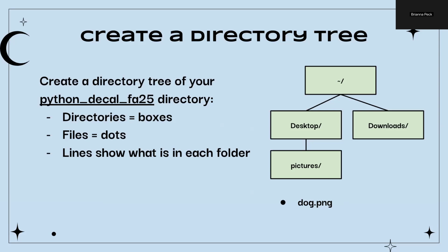Actually, what you can do is go into your terminal, cd into your Python DeCal folder, and then cd into your name folder, and then cd into your homework 1 folder, and think about what that path would look like if you did it out like this. So your top one would be your Python DeCal folder, where it says desktop should be your name, and then the last one should be your homework 1 folder, and then dog.png should be your homework1.py file. And then probably all of your screenshots and everything if you've done homework 1 already, which hopefully you have.